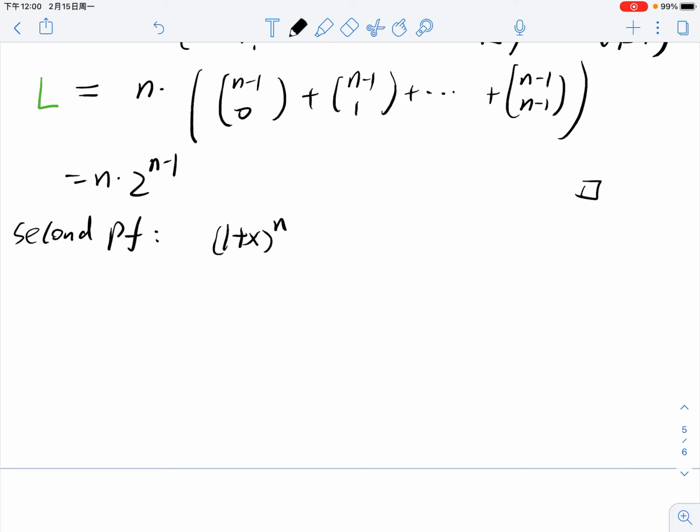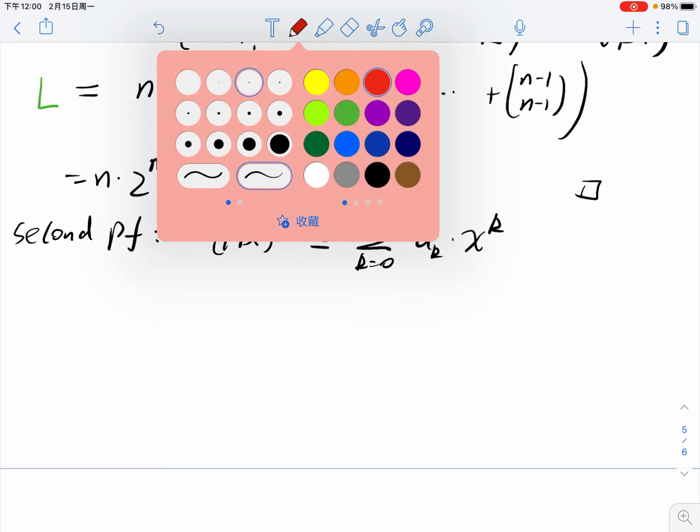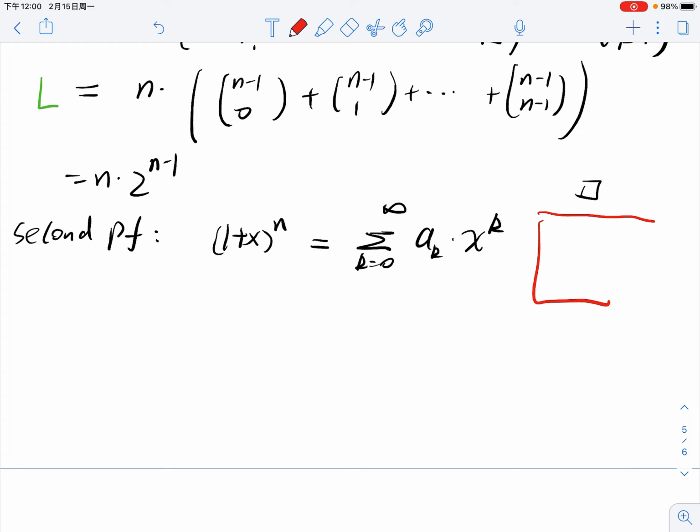Okay, and if you write it in this way, you can view this as an infinite sum. Although, in fact, we have a more explicit expression for a_k: a_k is n choose k.